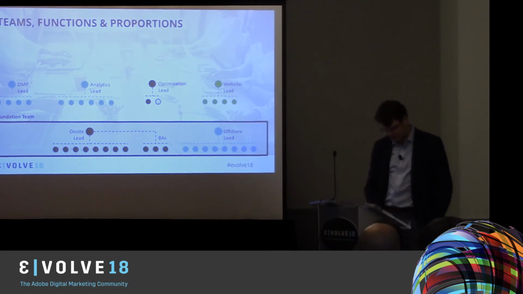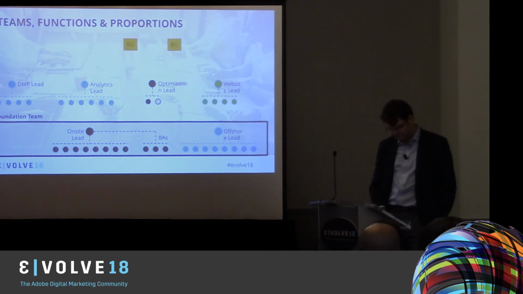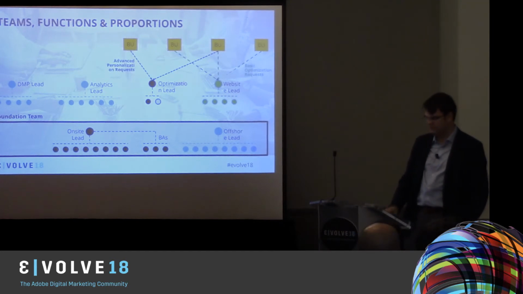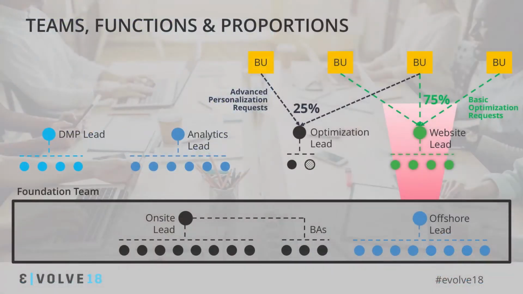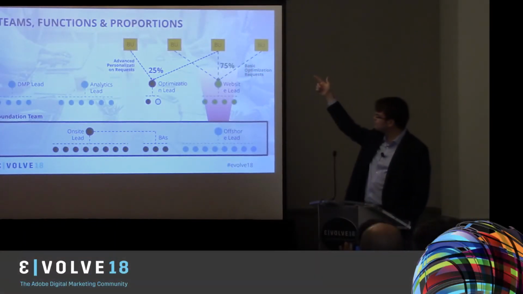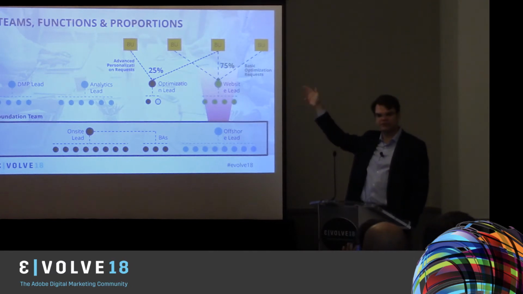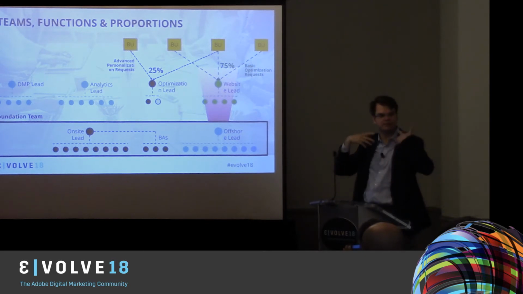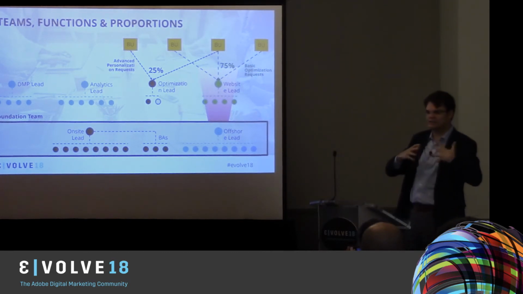You should take that into account because when you look at the different business units, where these requests come from, about 25% of these requests are advanced personalization requests. At the same time, about 75% of these requests are very basic. And the idea is that a majority of these requests that come from the BU should be handled by the website team. Those people that know how to use AEM are not necessarily very technical.